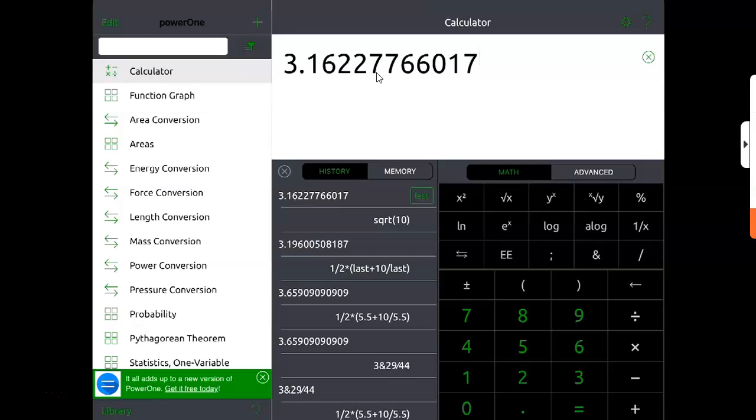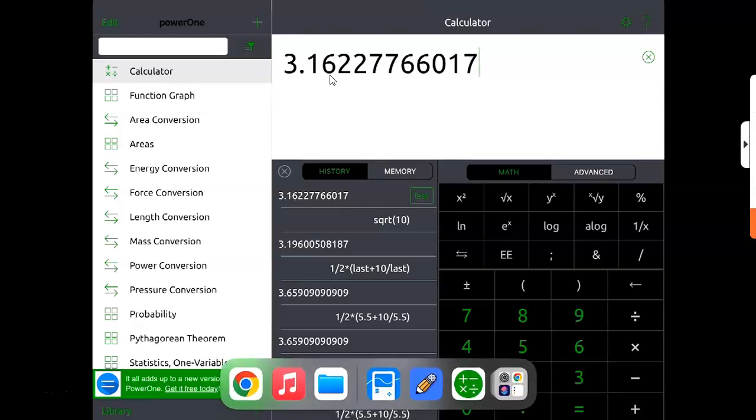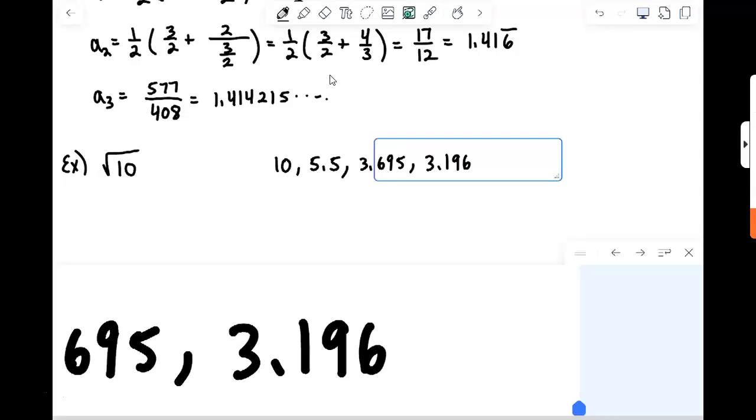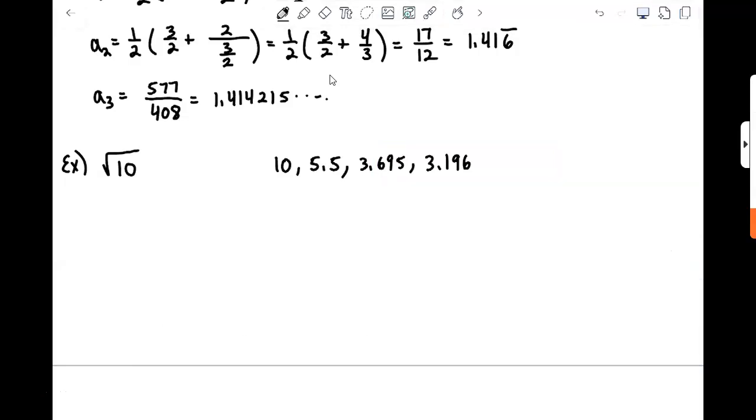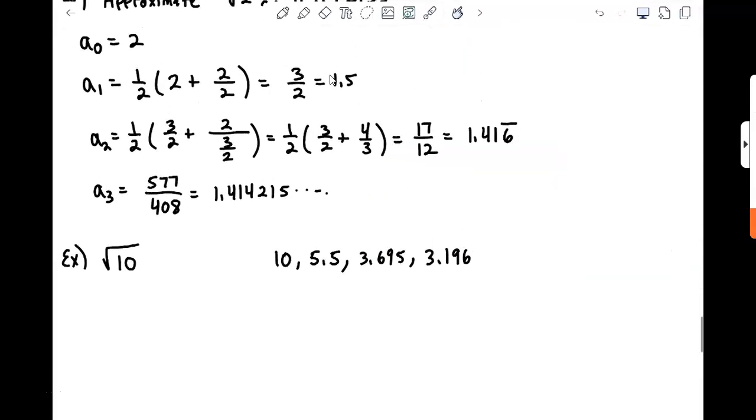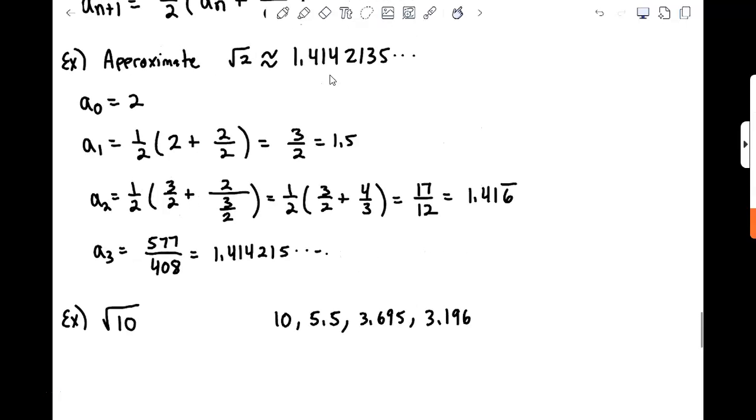It takes a little longer because 10 is further away from 1. But you can see here that we are getting closer. 3.196, 3.162. We're not there yet, but we're getting closer. So that's just an example of using a recurrence relation to approximate square roots.